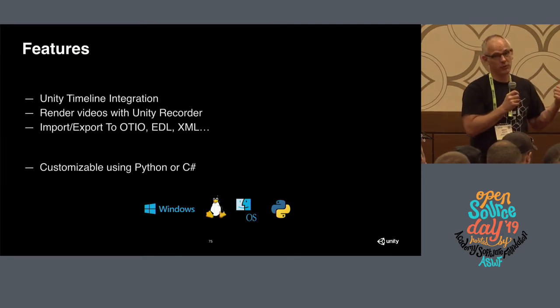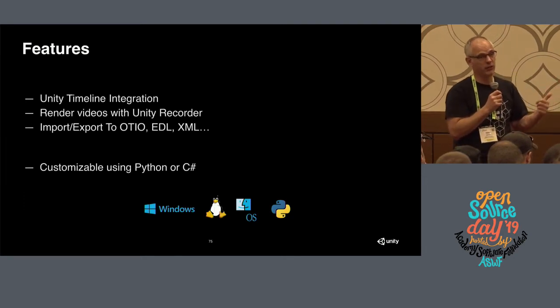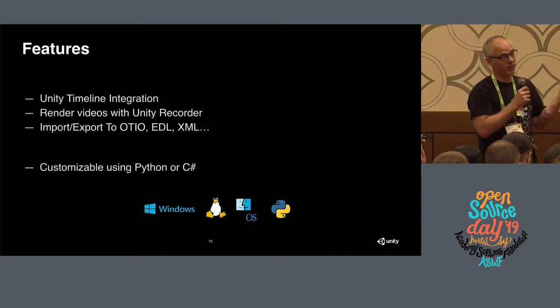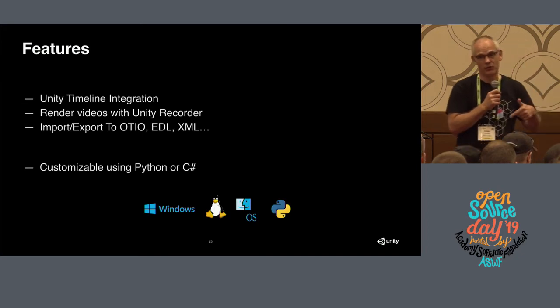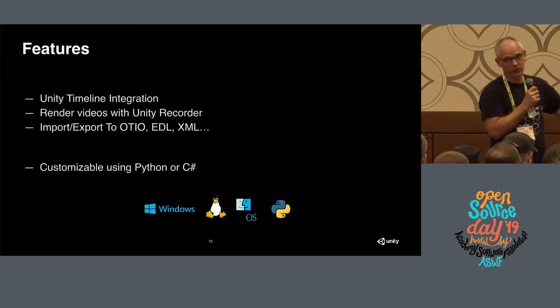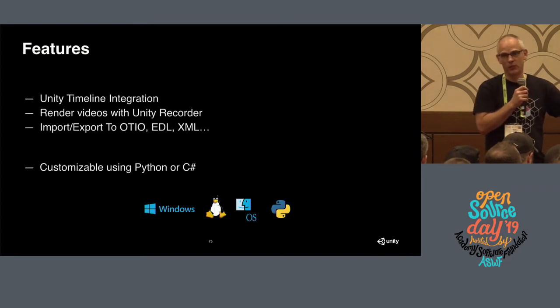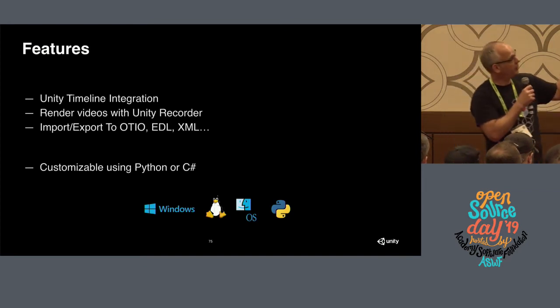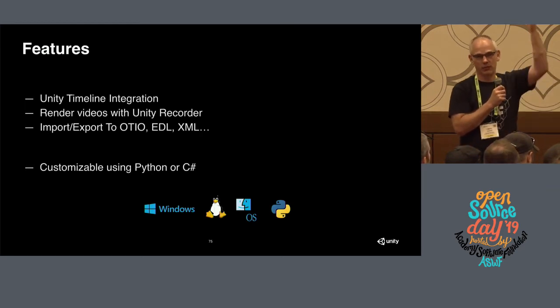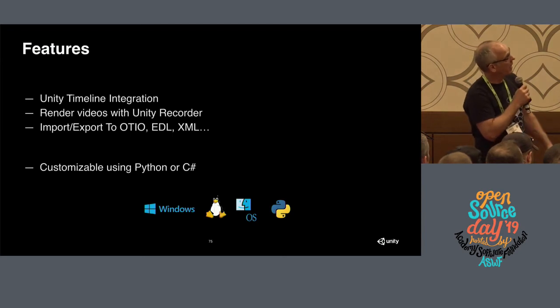We use the scripted importer inside of Unity, so it's treated as a native Unity asset now, and you can render out media clips directly from the timeline using the Unity recorder. Then we're using the adapters, so we do the export out and conform back using EDL and XML when we go over to Shotgun, Toon Boom or Adobe Premiere.